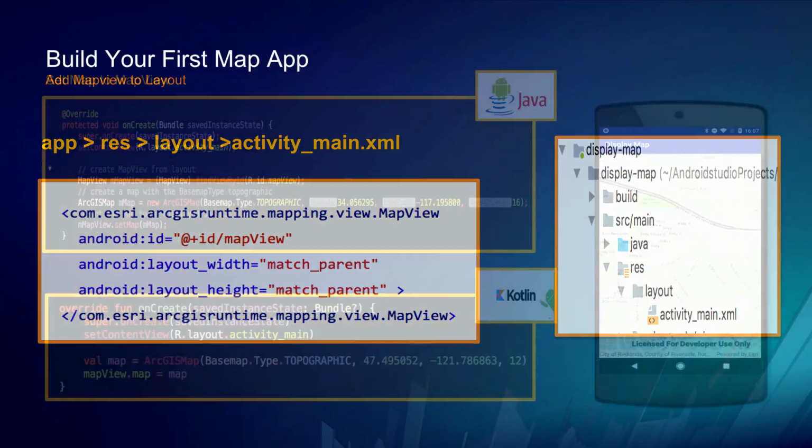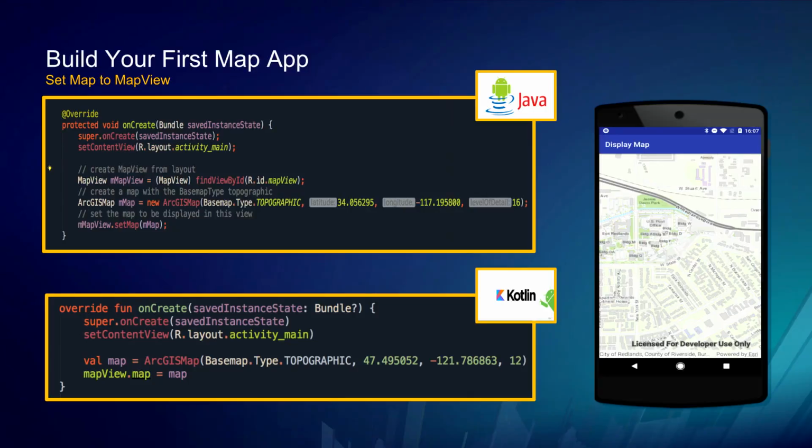Then going back to your main activity file, on create, you can get the map view component and then create a map using the ArcGIS map class, where you can pass in the base map type, the latitude, longitude, and the level of detail, and then set the map to the map view, and that's it. You should have your first Hello World app ready.